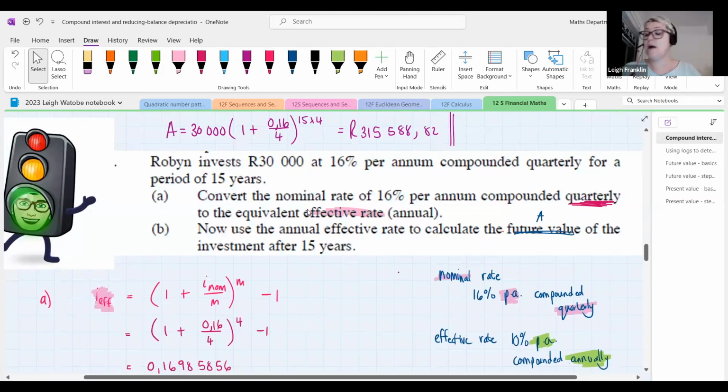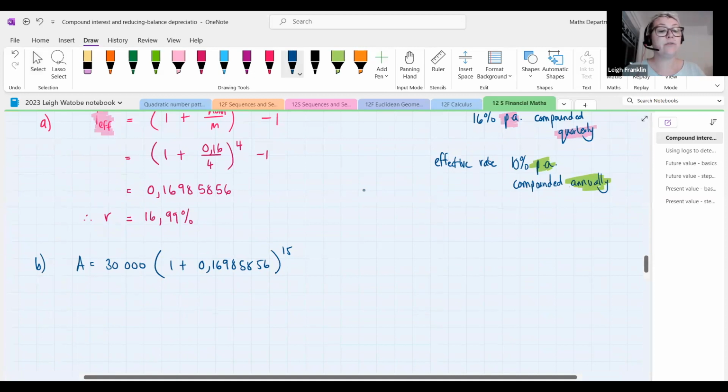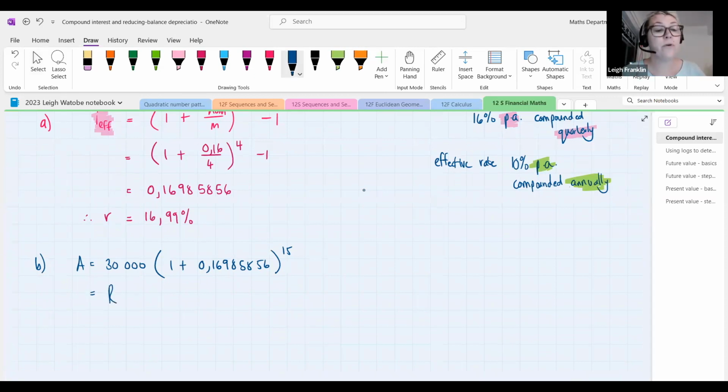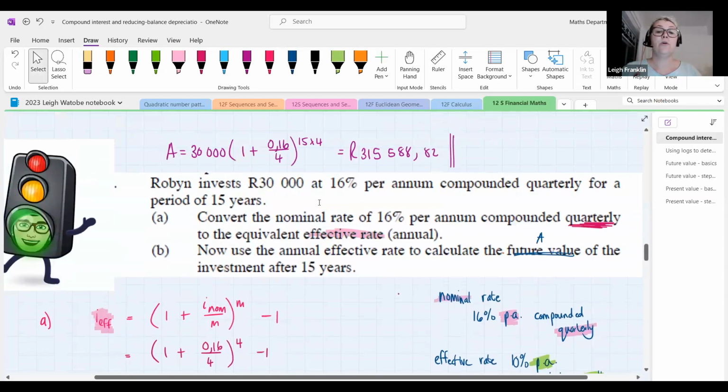Do you see that, guys? Identical same answer of 315,588 Rand and 82 cents.